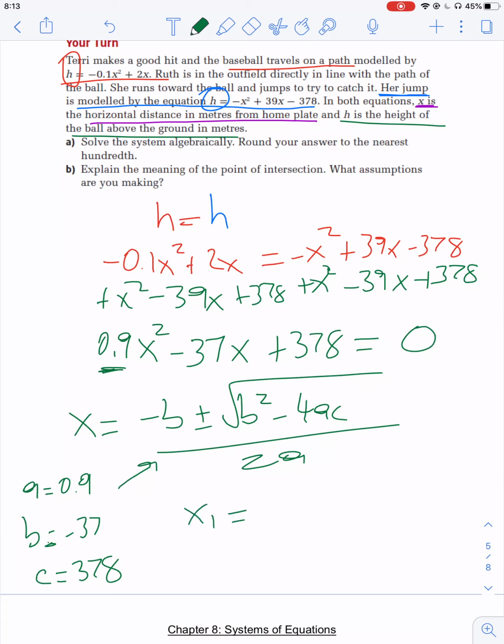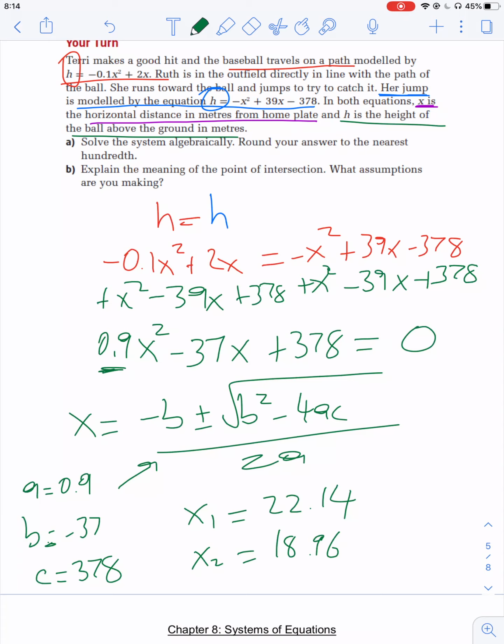So I'm just going to use my calculator because it directly gives me the answers. So A is 0.9, B is minus 37, and C is 378, right? So X1 happens to be 22.14, and X2 happens to be 18.96. Now, both of them seem reasonable, right?